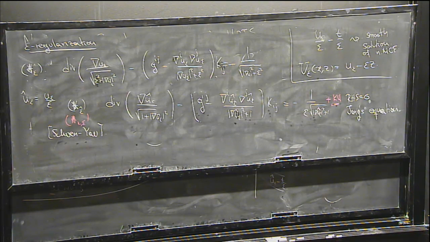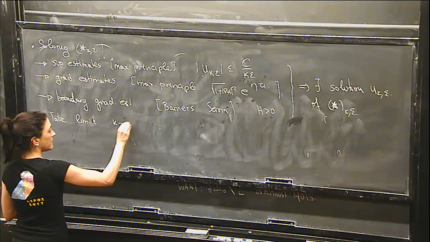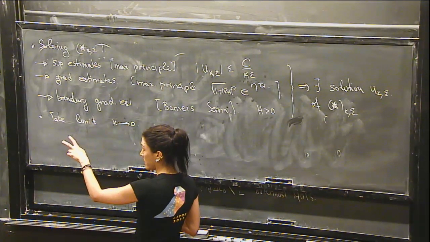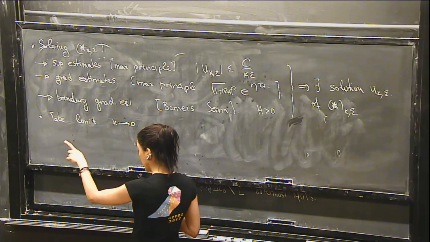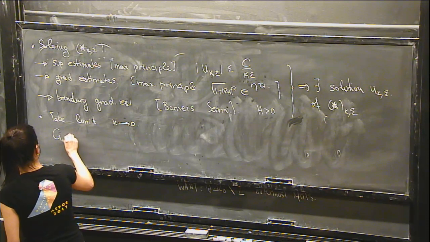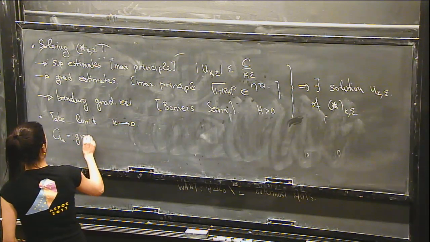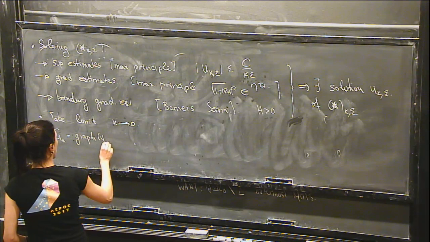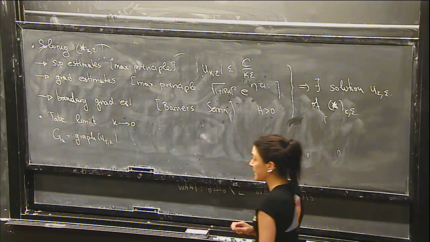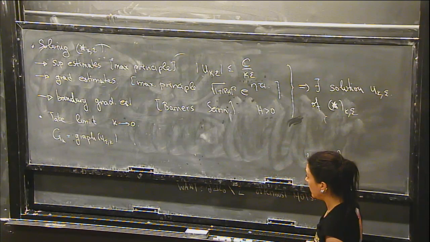So we want here to take a limit for kappa going to 0. I'm not going to look at the function u kappa, but I'm going to look at g kappa, the graph of u epsilon kappa.